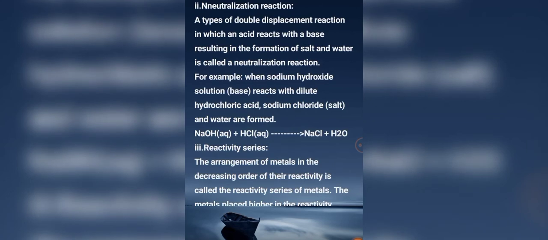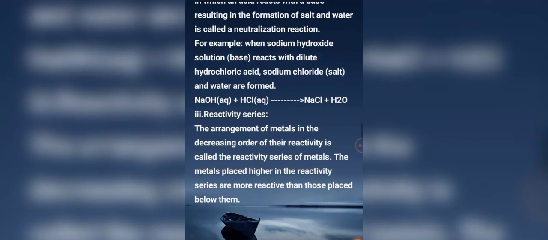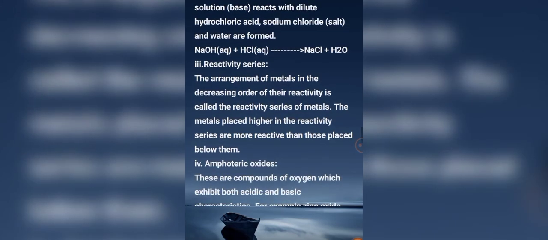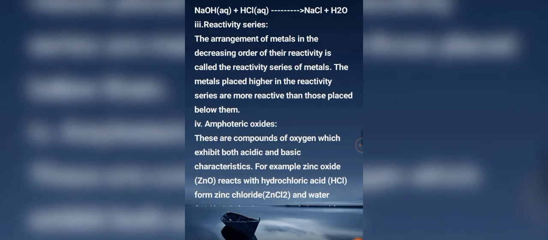Reactivity series: the arrangement of metals in the decreasing order of their reactivity is called the reactivity series of metals. The metals placed higher in the reactivity series are more reactive than those placed below them. Next word, amphoteric oxide. These are compounds of oxygen which exhibit both acidic and basic characteristics.